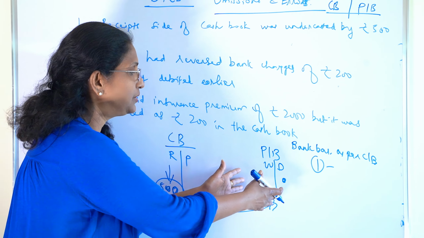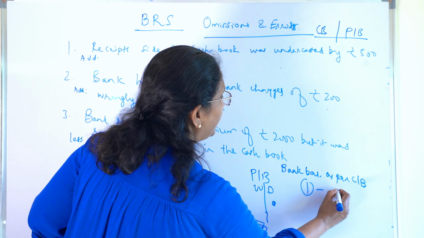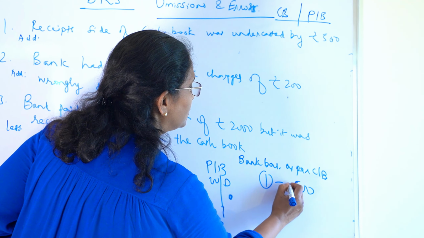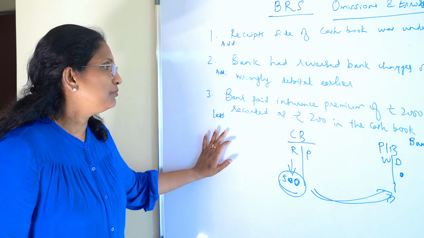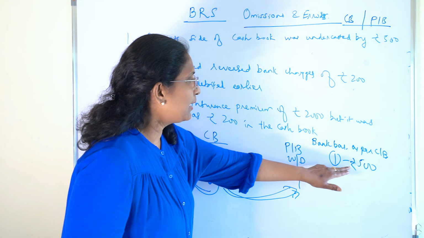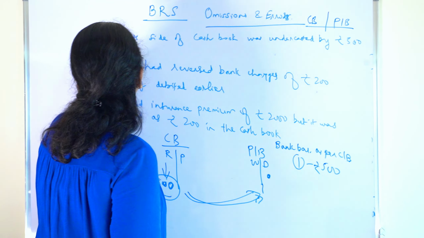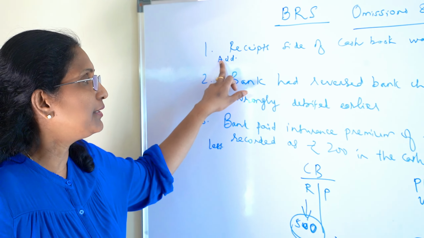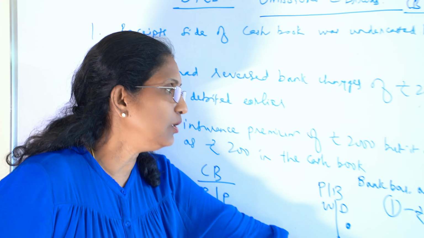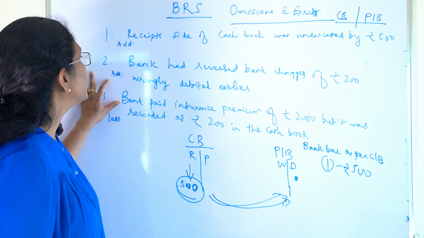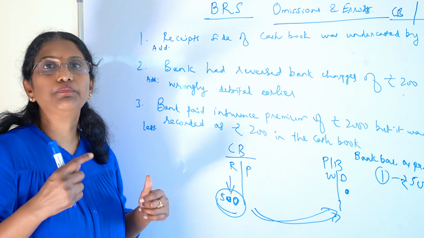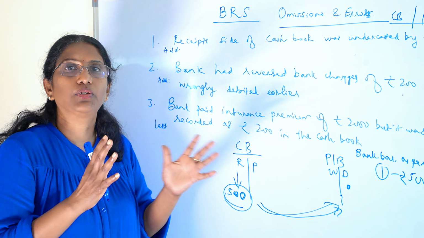This is not less. So add that back, that 500. So 500 will be added back, this transaction will be added to arrive at your passbook. That's one thing.